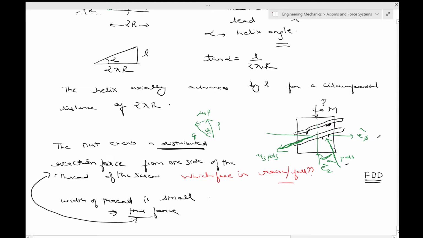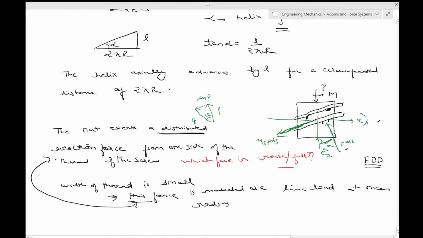This reaction force is modeled as a line load at mean radius R. Sorry, this should be capital R. So the threads are somewhat extrusions on the periphery of the screw, and hence this force is modeled as a line load at mean radius R.